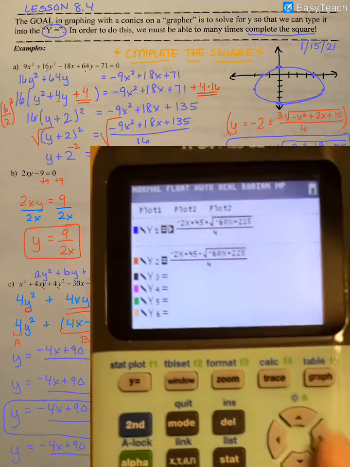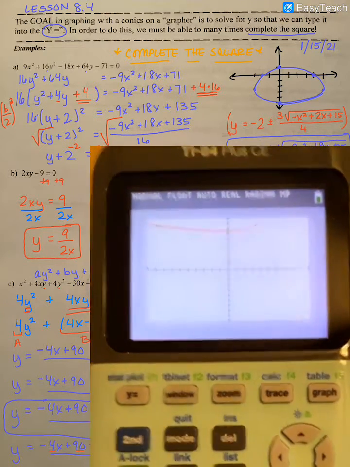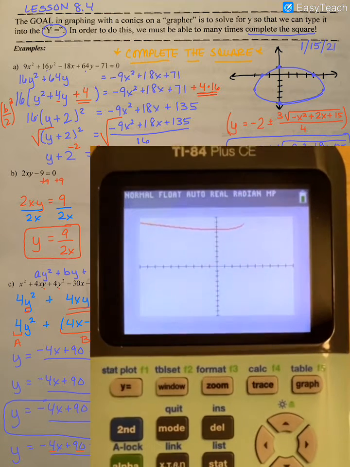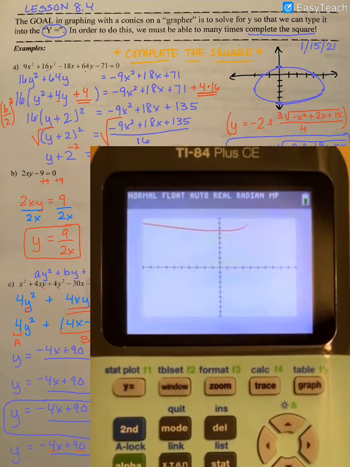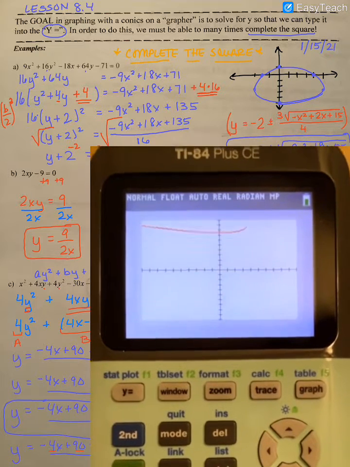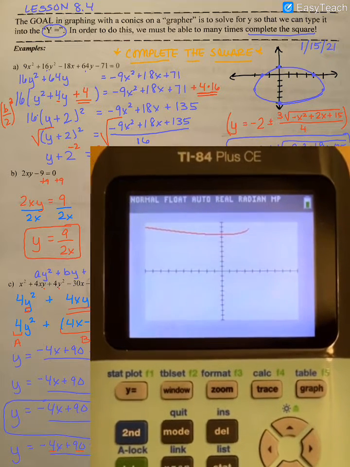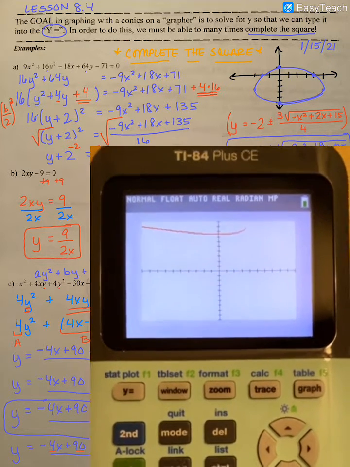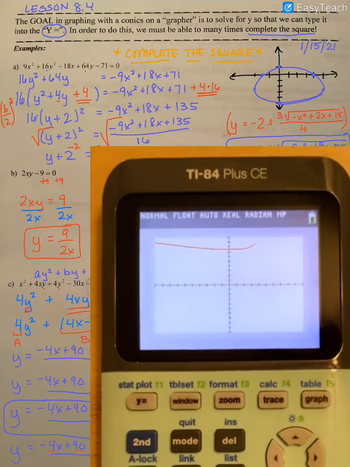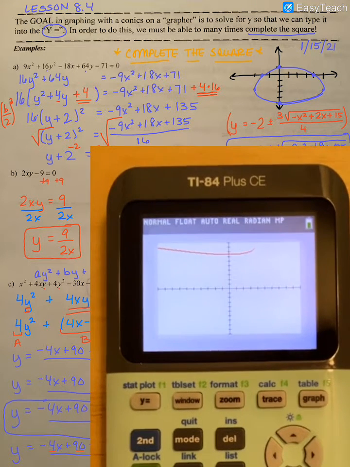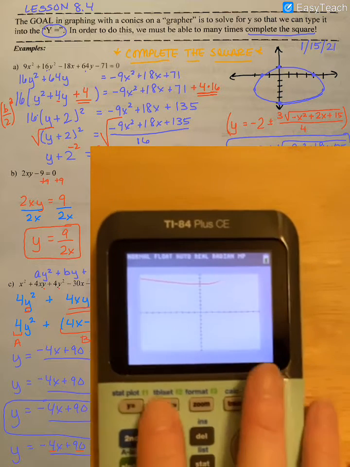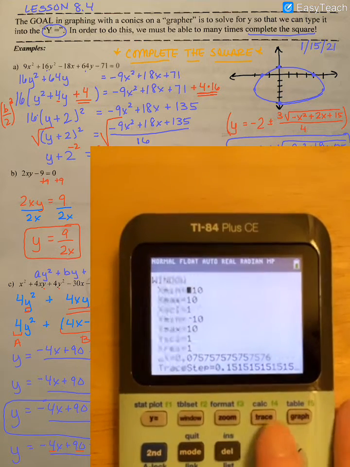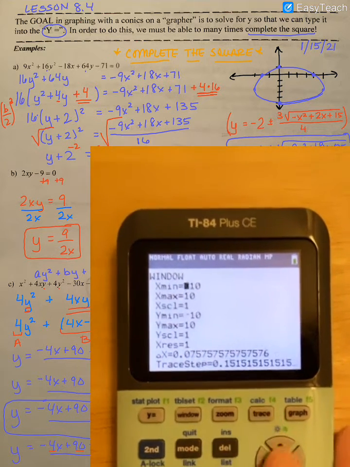Now, let's look at what happens when I hit graph. Notice when I hit graph, all I have is a red little line up there. Is that any of our shapes? Hopefully you're realizing it's not. And it kind of curves up. So you have options. You could zoom out, or what I'm actually going to do, because I know a little bit about what it's going to look like, is go into my window and change my window settings.